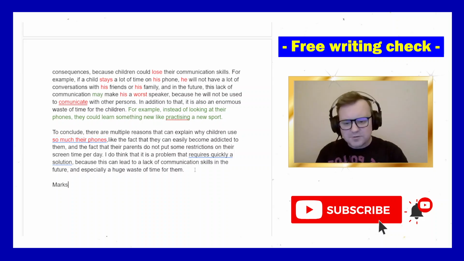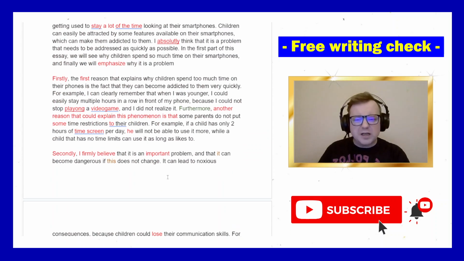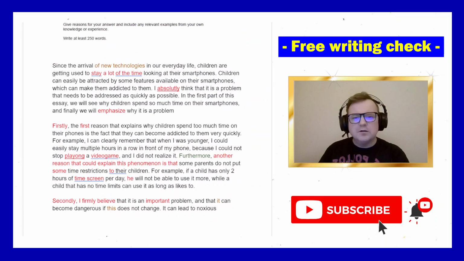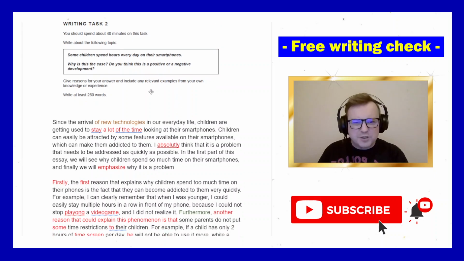Let's give some marks for this. Okay. So, task response. How fully informed am I? I think I'm reasonably informed. So, I won't put any comments. I know a couple of reasons why the candidate thinks that children spend too much time on their smartphones.